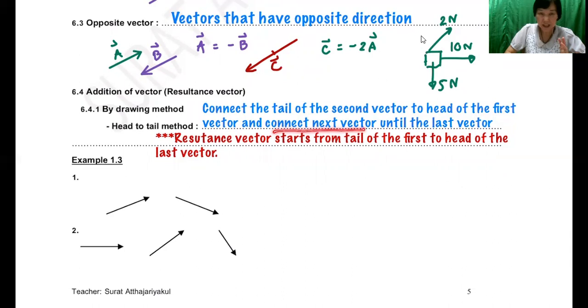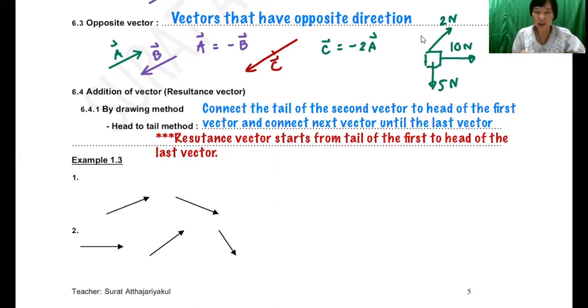I mean connect the tail of the third vector to the head of the second vector, until the last. And then the resultant vector will start from the tail of the first vector to the head of the last vector.